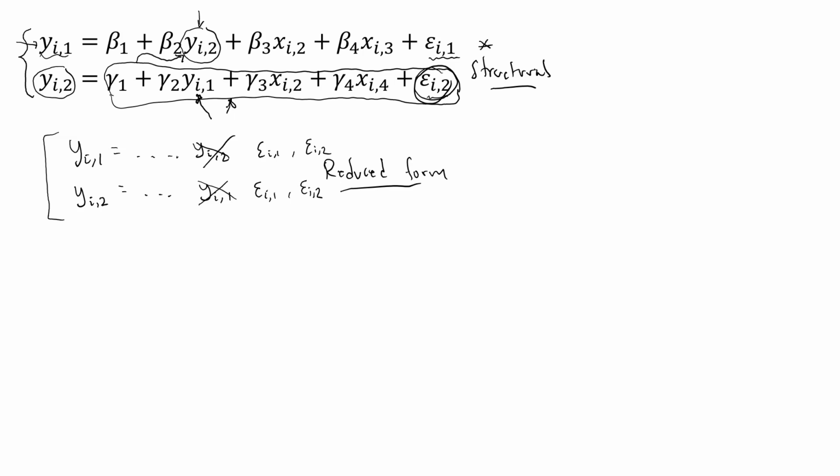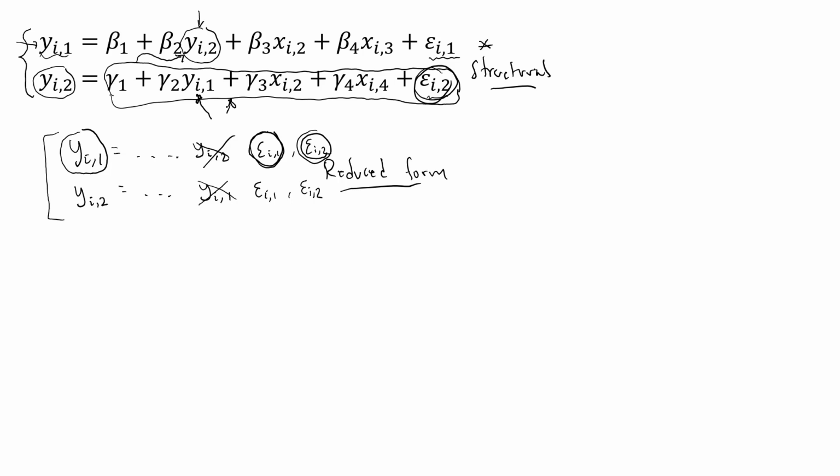So a really important point, and sort of the main purpose of this whole lecture, is to realize that in a system of equations, the first dependent variable will not only be correlated with the first error term, but it will be correlated with the second error term as well.